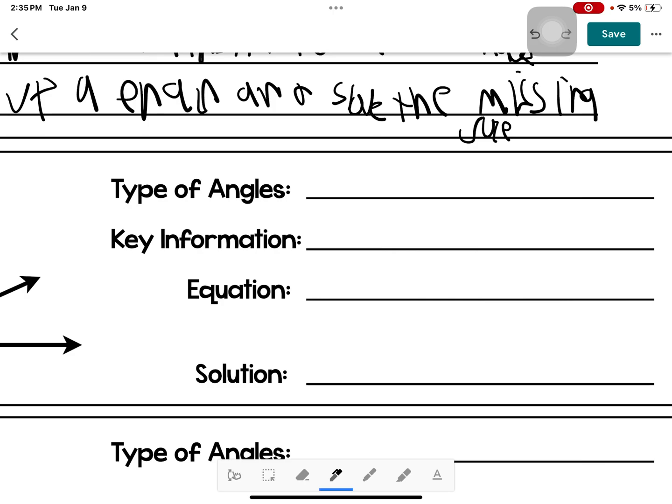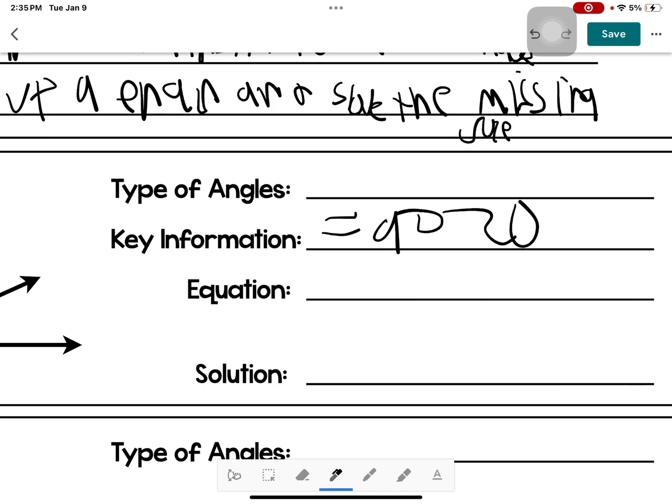We're going to set up an equation, so we need an equal sign. We know it's going to equal what amount? 90. So what can I put on the other side? What are we solving for? X. So we know that their sum is 90.